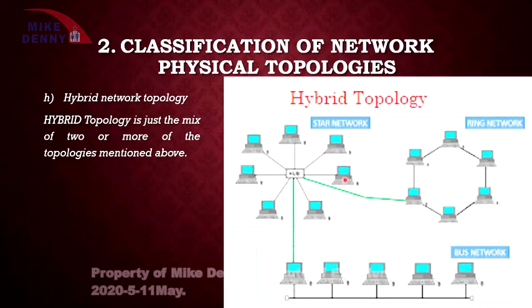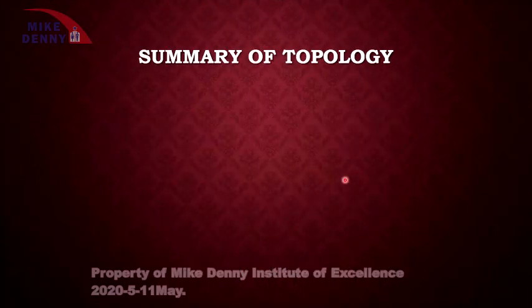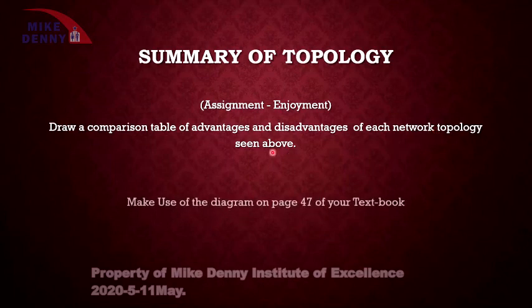So now what I want you to do is to go back home and work on the summary of topology. It's an assignment, it's an enjoyment, in fact. I want you to draw a comparison table of advantages and disadvantages of each network topology seen above.